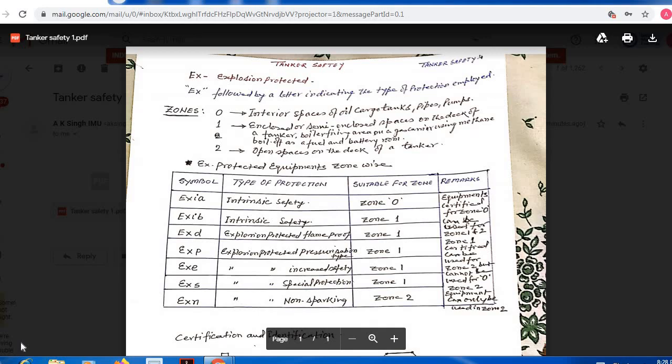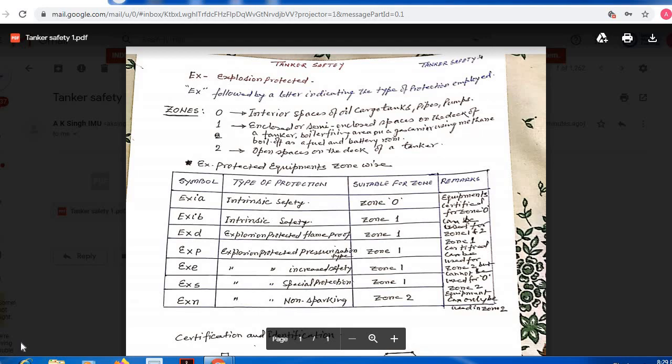In the previous lecture, we talked about tanker safety, and in that we familiarized ourselves with a tanker. We discussed why a tanker is hazardous, what the hazards on a tanker are, and how explosion occurs.